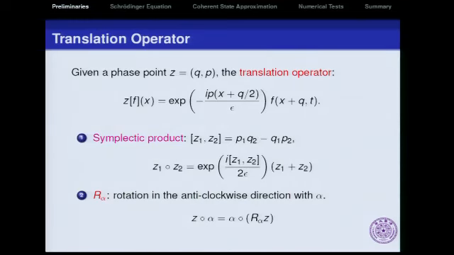For example, here is the origin, and here is Z. You just shift the origin to this point. It's another representation. You change the representation.